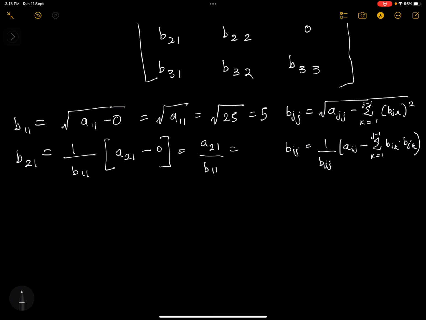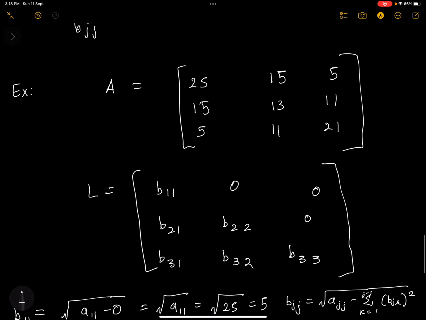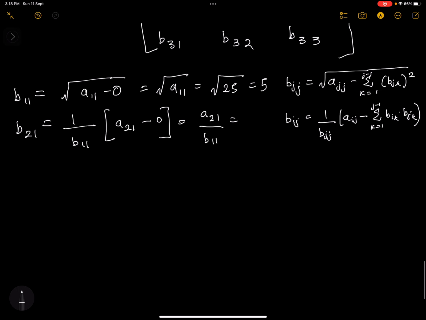We know the value of b11, and a21 is given in the matrix, which is 15. So now it becomes 15 divided by 5, which is equal to 3, right? So far we have b11 is equal to 5, b21 is equal to 3.